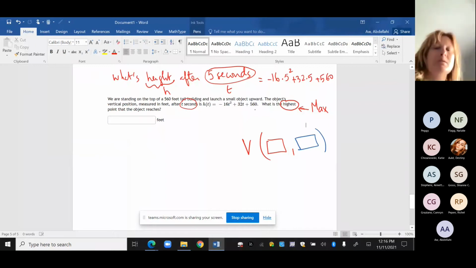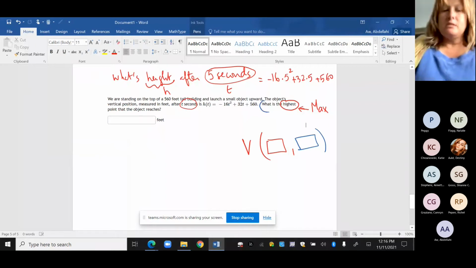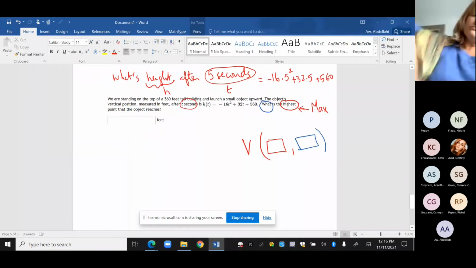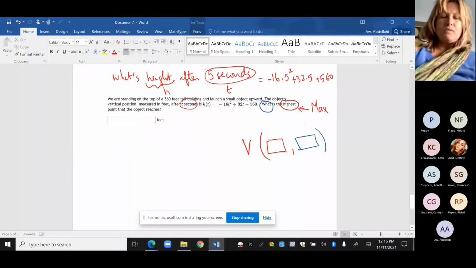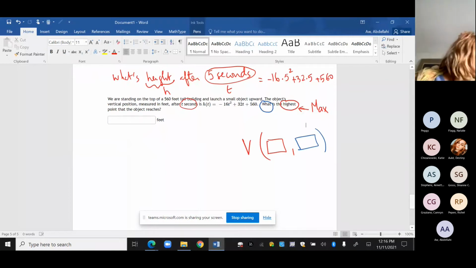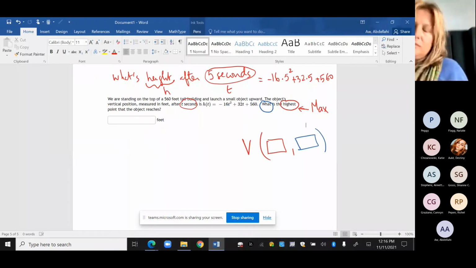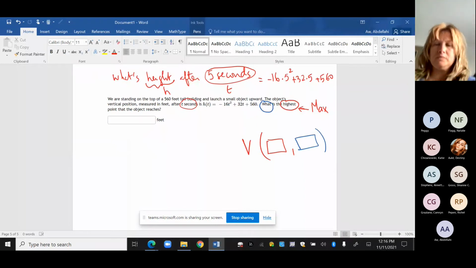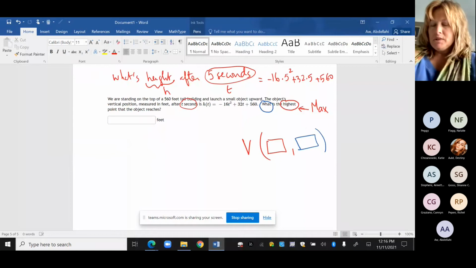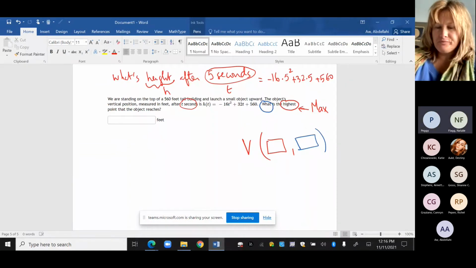What is the maximum height? My answer will be the red square or the blue square? Let me remove the colors.